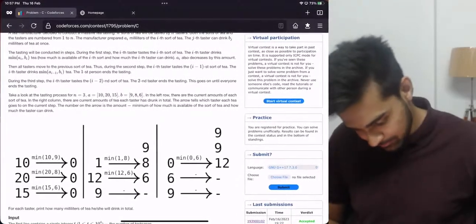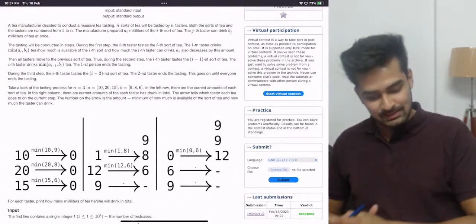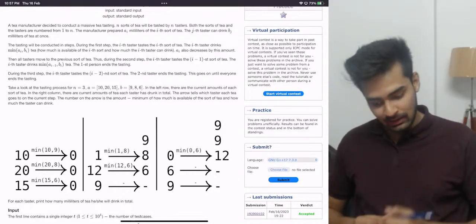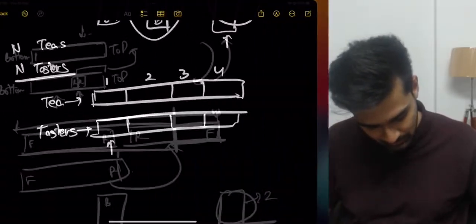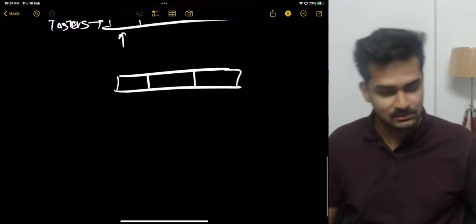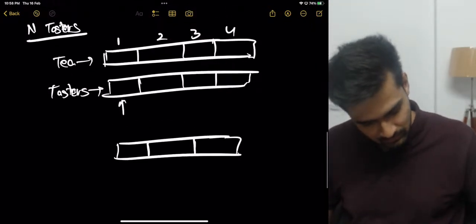Now all tasters move to the previous sort of tea. Then during the second step, the ith taster moves to the (i-1)th sort of tea, and so on. Basically, if this was the entire tea set, let's say we had 3 tea sets. Let me take this one only.